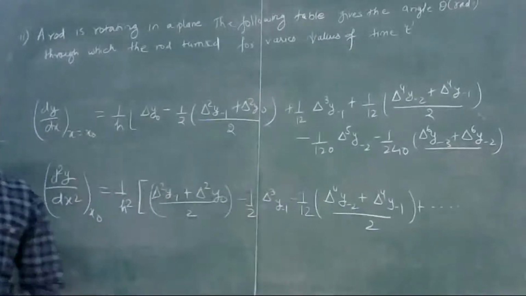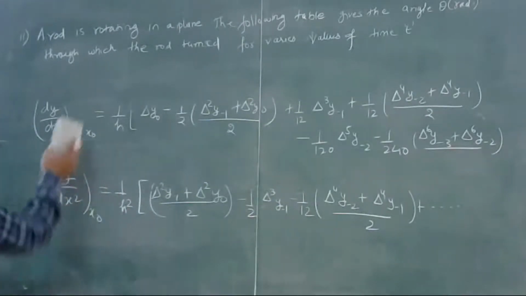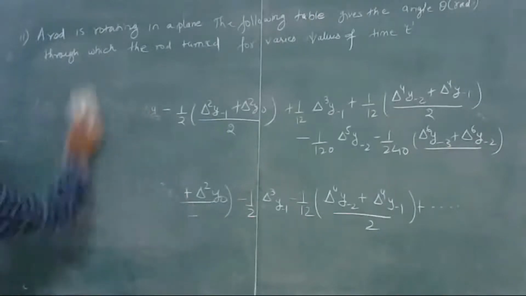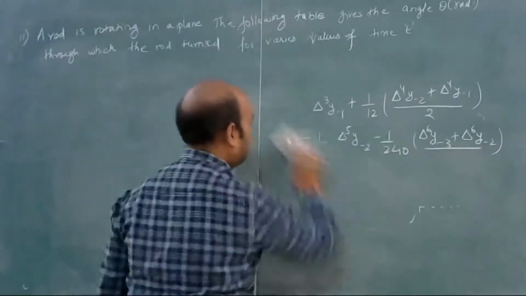So a table is given with respect to theta, which is in radians, and time t.